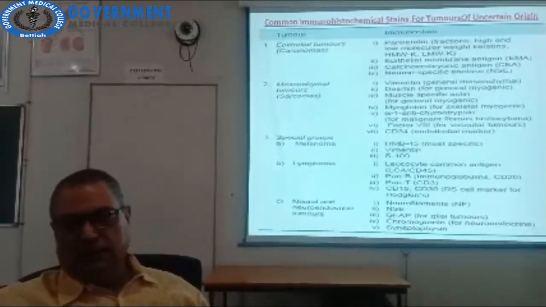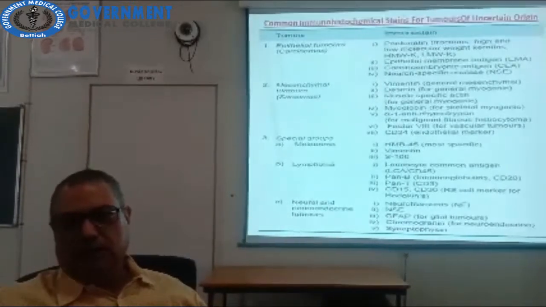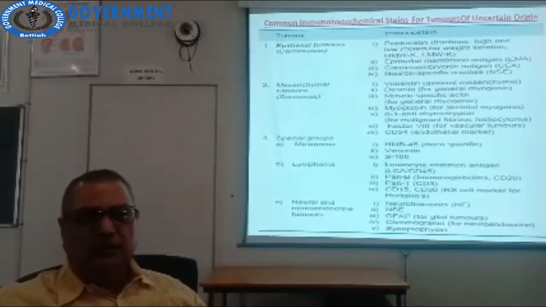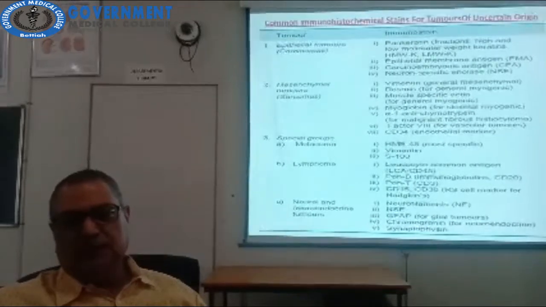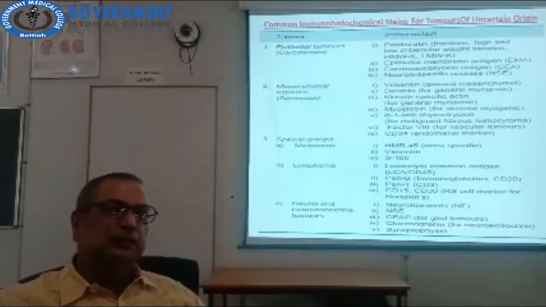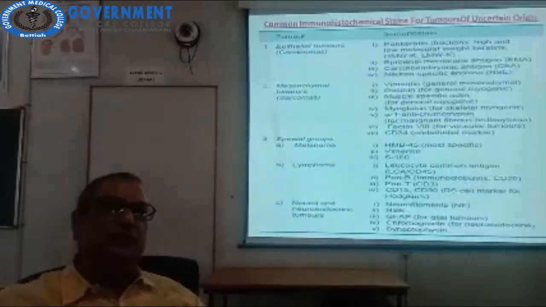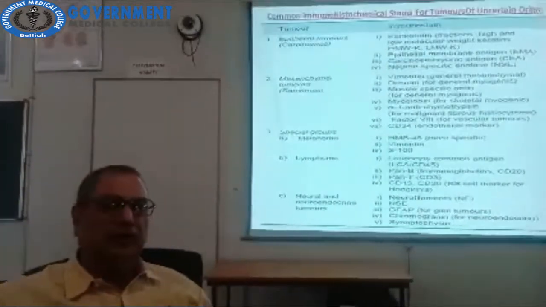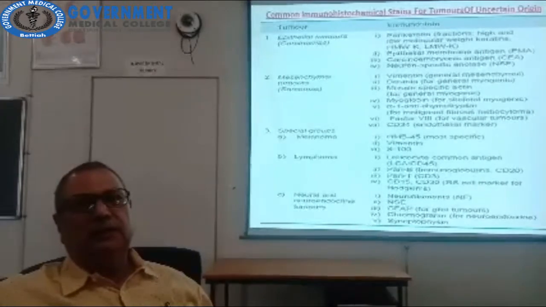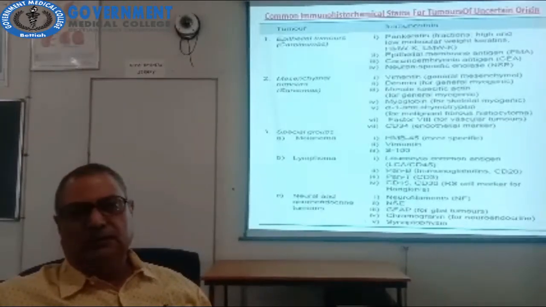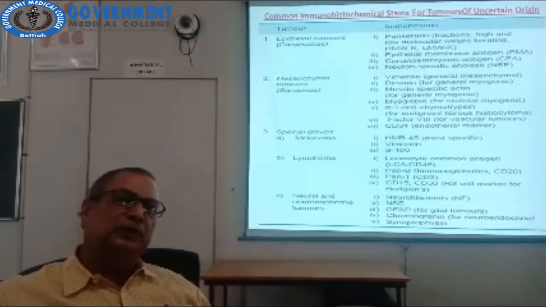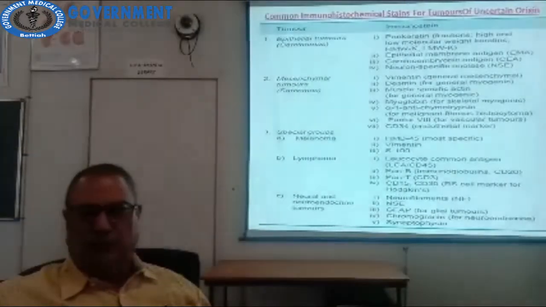Then for neural and endocrine organs, neurofilaments and neuron-specific enolase are used. Glial fibrillary acidic protein is a marker for glial tumors like glioma, astrocytoma, and ependymoma.